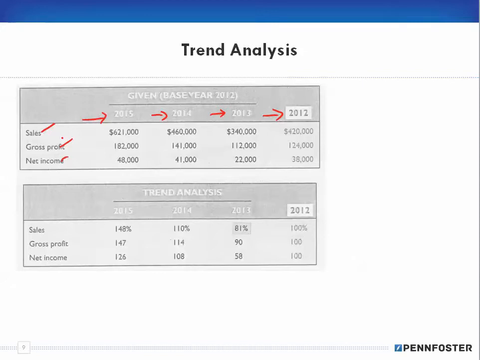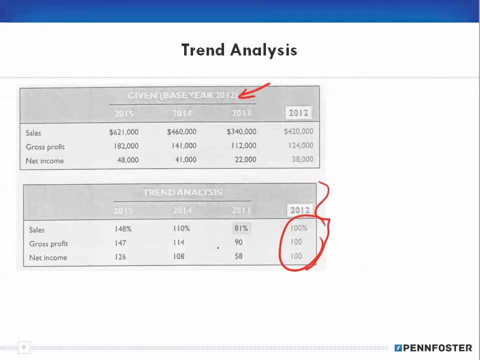If you're asking where this information comes from, it's coming from those statements. And as you can see, our base year is 2012. So in doing the trend analysis, notice for 2012 that all of my percentages for sales, gross profit, and net income are 100%, because that's the basis.